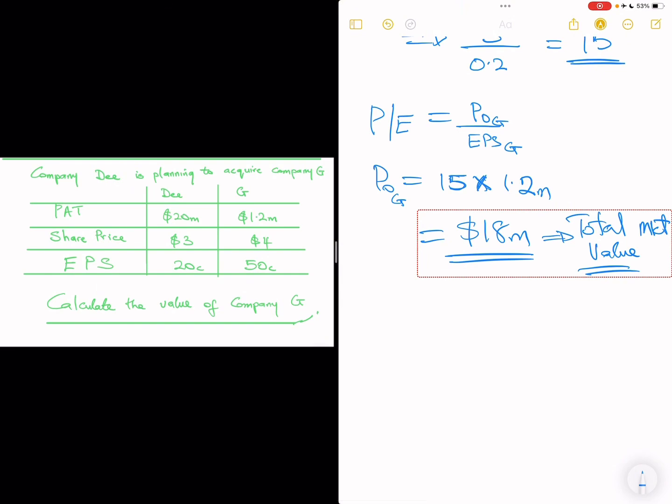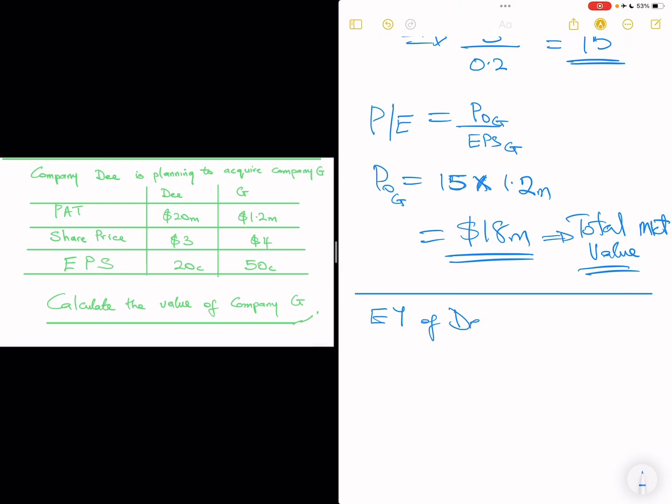And if you want to use the earnings yield approach as well, like I said, it's the same thing. If you want to use earnings yield, you need to be using the earnings yield of D, the buyer, which is earnings per share divided by price per share.